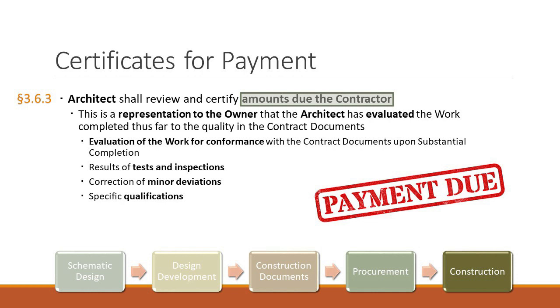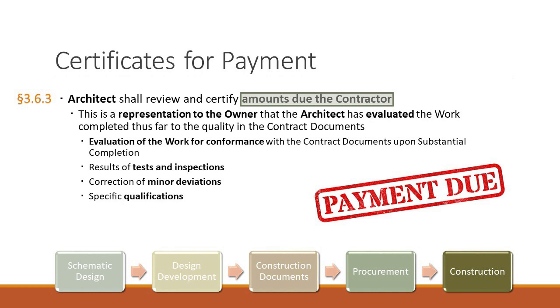The architect's certification of payment shall constitute a representation to the owner based on the architect's evaluation of the work as provided in section 3.6.2 and on the data comprising the contractor's application for payment that, to the best of the architect's knowledge, information, and belief, the work has progressed to the point indicated, the quality of the work is in accordance with the contract documents, and the contractor is entitled to payment in the amount certified.